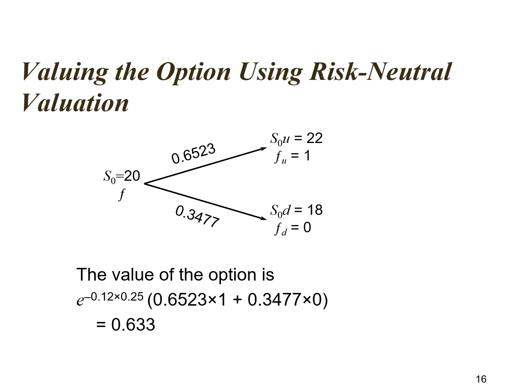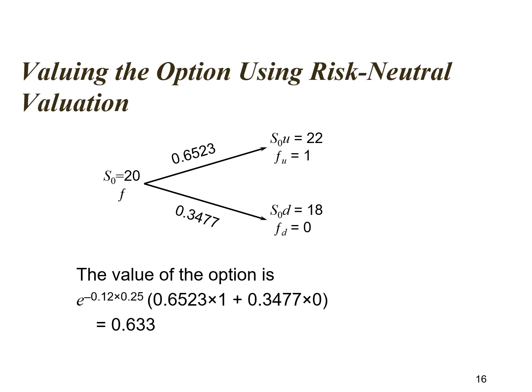Now, given the value of P, how do you value the option using risk neutral valuation? As from the earlier example, 20 can move to 22 or down to 18. If it moves to 22 with a strike price of 21, FU, which is the value of the option, will be 1, and FD will be equal to 0 because the stock price is less than the strike price and the option does not get exercised.